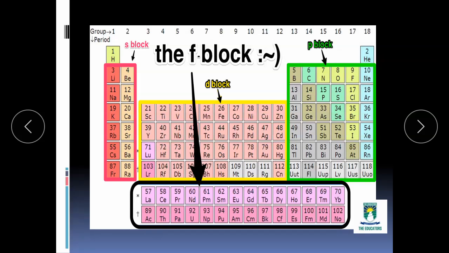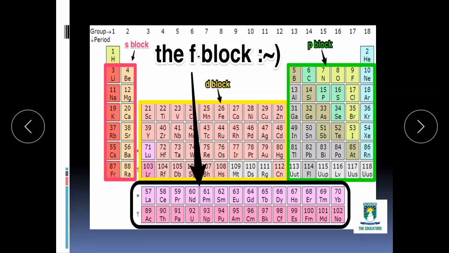Why are they arranged in different blocks? If an element belongs to the S block, its electronic configuration ends with S, or the outermost electron will enter the S subshell.